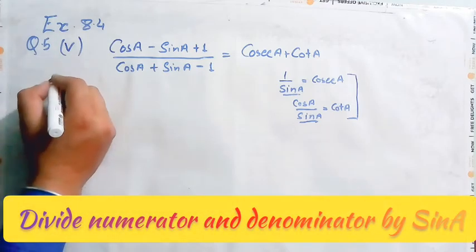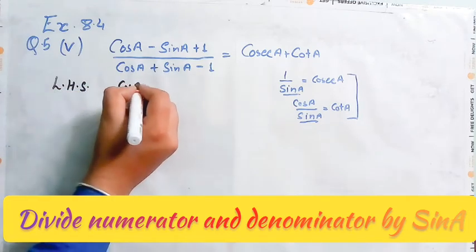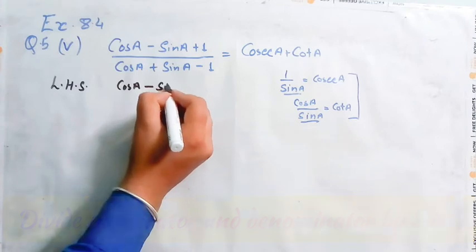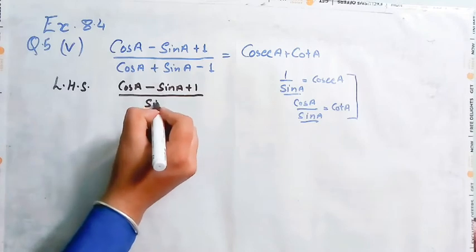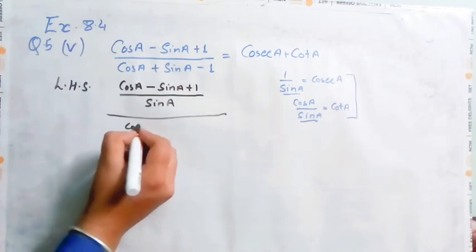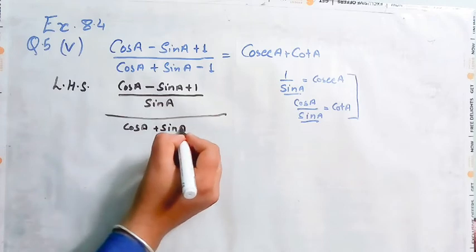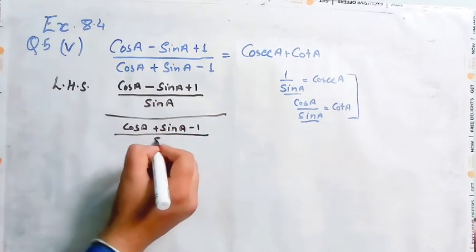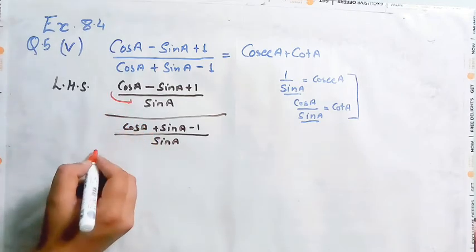So we have to remember this step, because the same we have to do in the left hand side. Means we have to divide numerator and denominator both by sin A, and the left side will become (cos A minus sin A plus 1) whole divided by sin A, upon (cos A plus sin A minus 1) whole divided by sin A. Now divide each part separately in numerator as well as denominator.